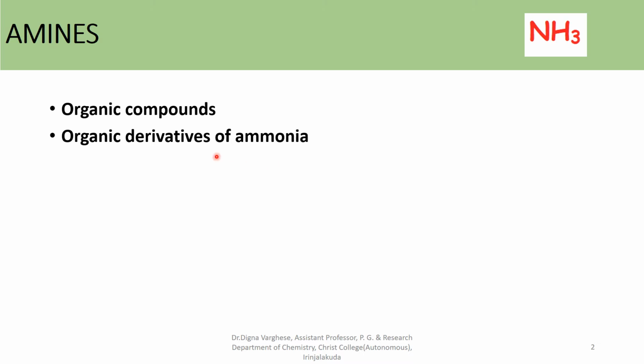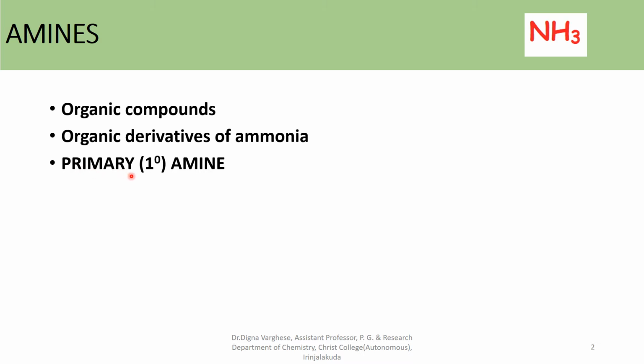In ammonia, one, two, or all three hydrogen atoms are replaced by alkyl or aryl substituents, and that is known as an amine.